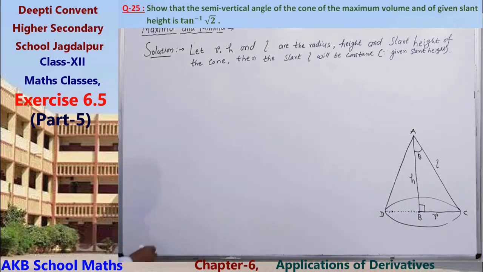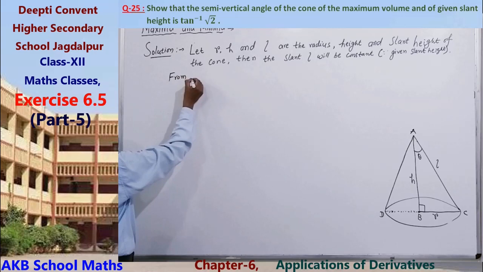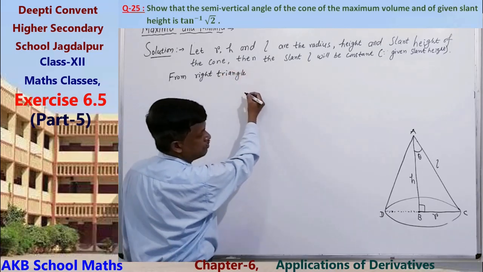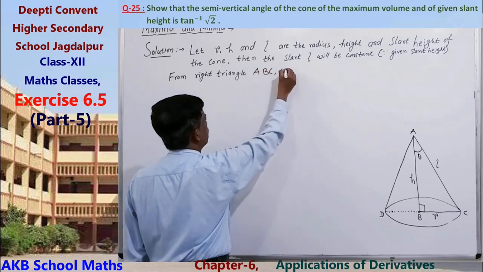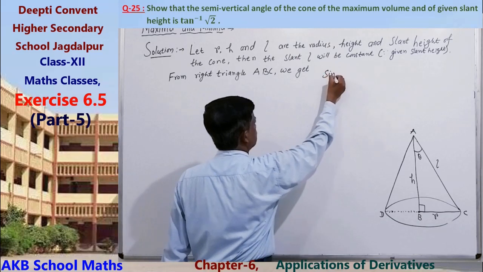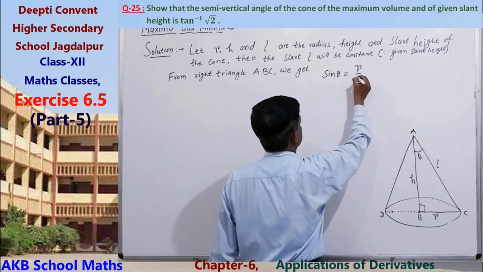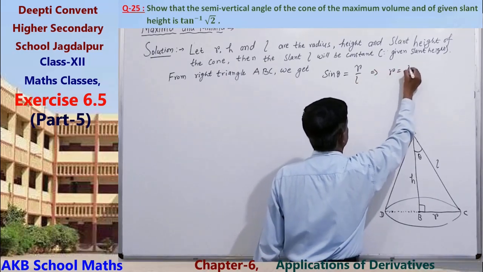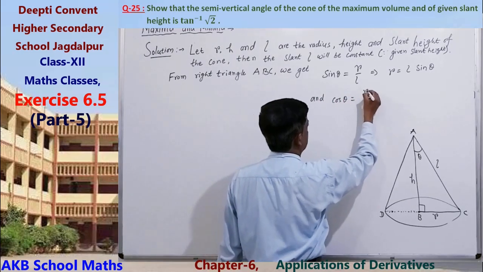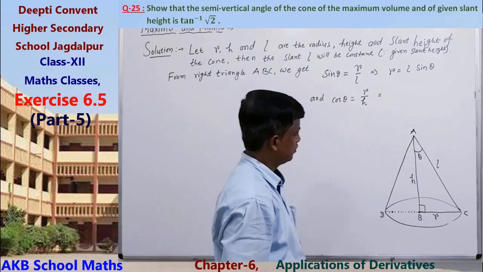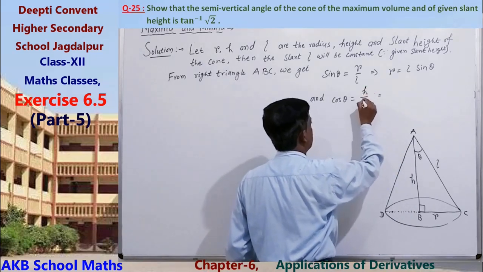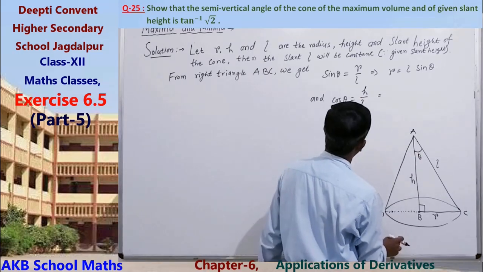So from right triangle ABC, we get sin theta equals R upon L, implies R equals L sin theta, and cos theta equals H by L, sorry, H by L. Cos theta equals base by hypotenuse.